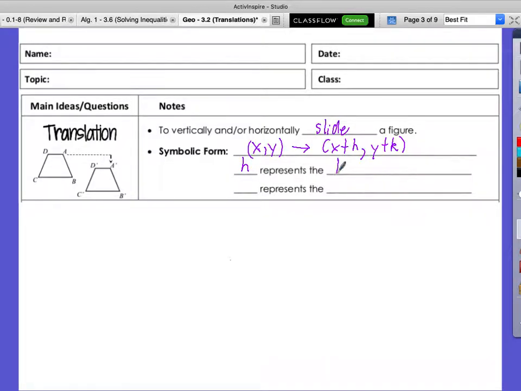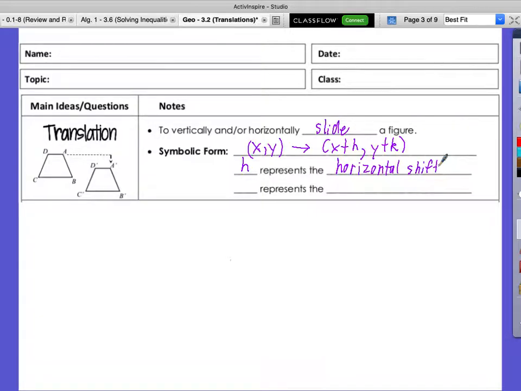H represents the horizontal shift. Which direction was the horizontal again, guys? It's side to side, left to right movement, like the horizon where the sun sets, okay? So H represents a horizontal shift, paired up with X, because X deals with left to right movement.